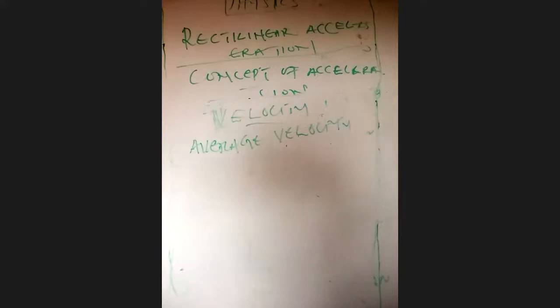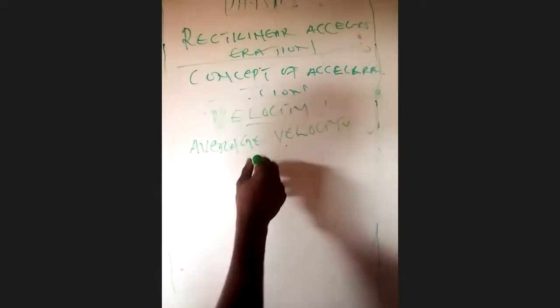So you need to understand that acceleration deals with the rate of change of velocity, while velocity deals with the rate of change of displacement. And you should not forget that the SI unit of velocity is meter per second.